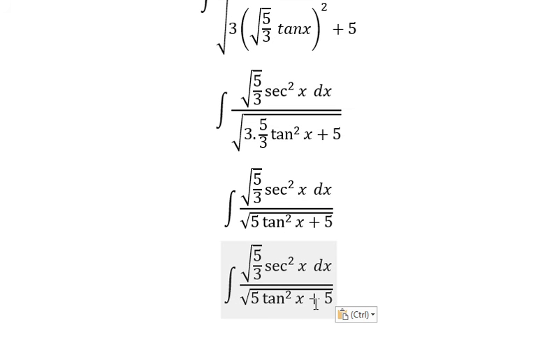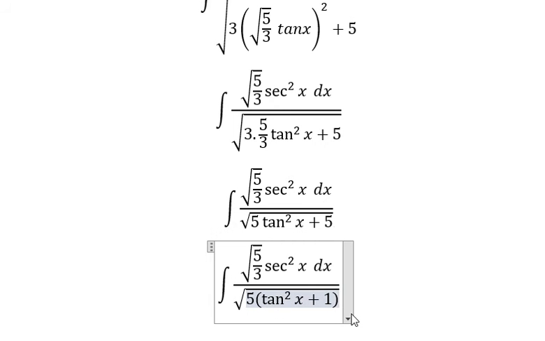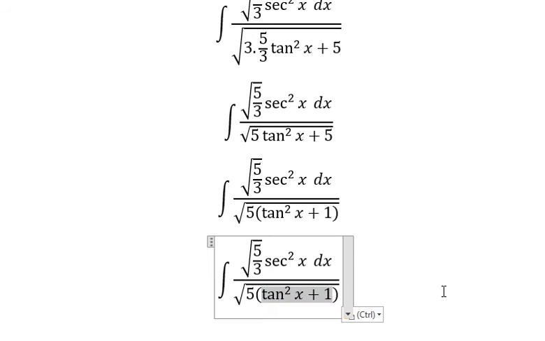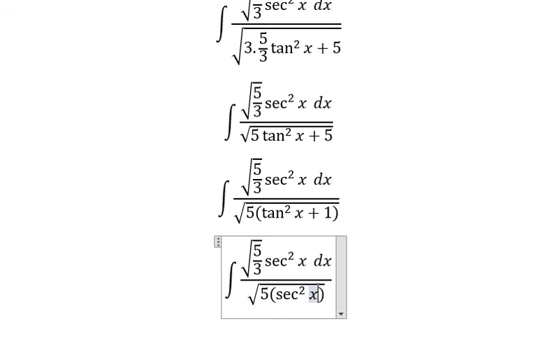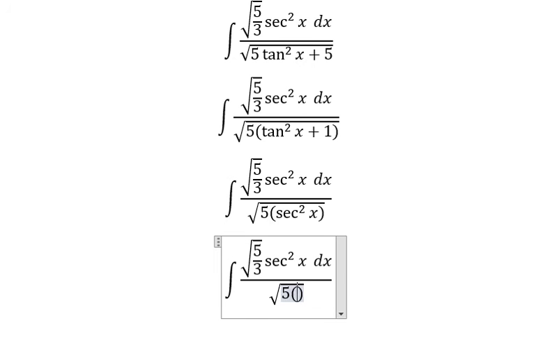Number 5 and number 5 we can do factorization. This one we change for secant of s square. The square root of number 5 secant of s square, you get the square root of number 5 secant of s.